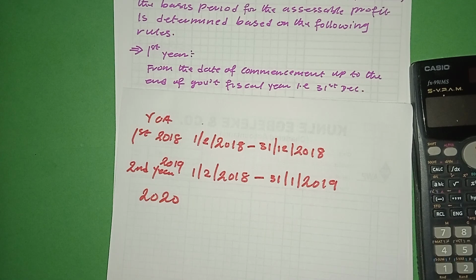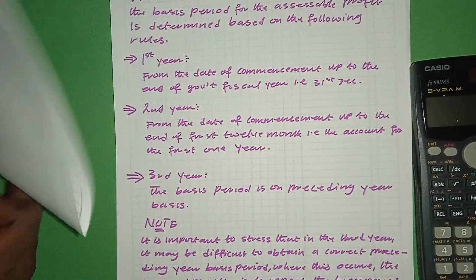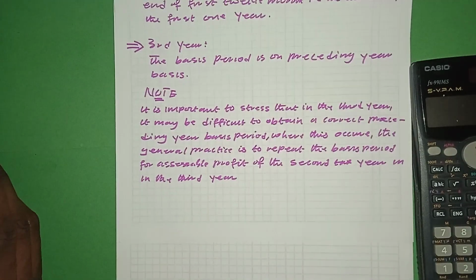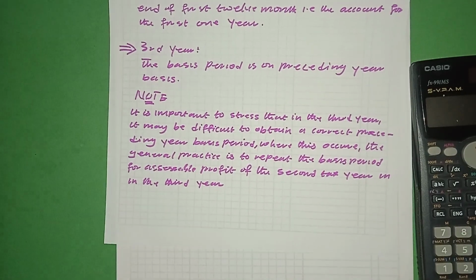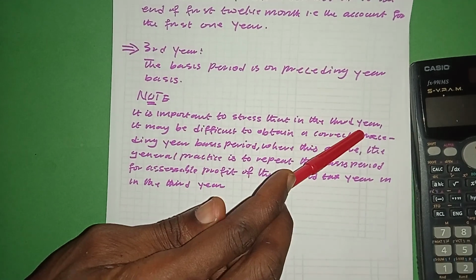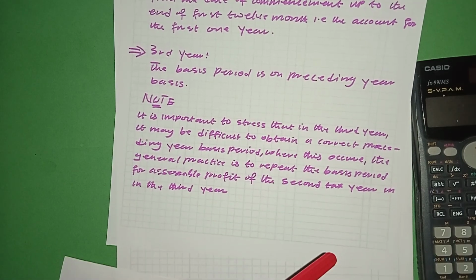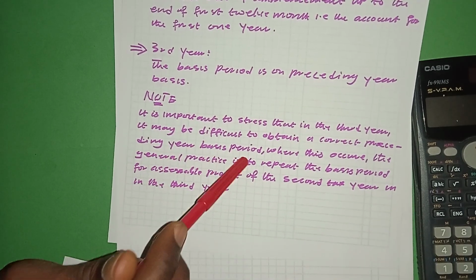This third year, listen very well. This third year is very, very conflicting and contradicting. You need to listen and pay attention to understand what I'm going to say here now. But before then, let's read what this place is saying. It is important to stress that in the third year, it may be difficult to obtain a correct preceding year basis period.